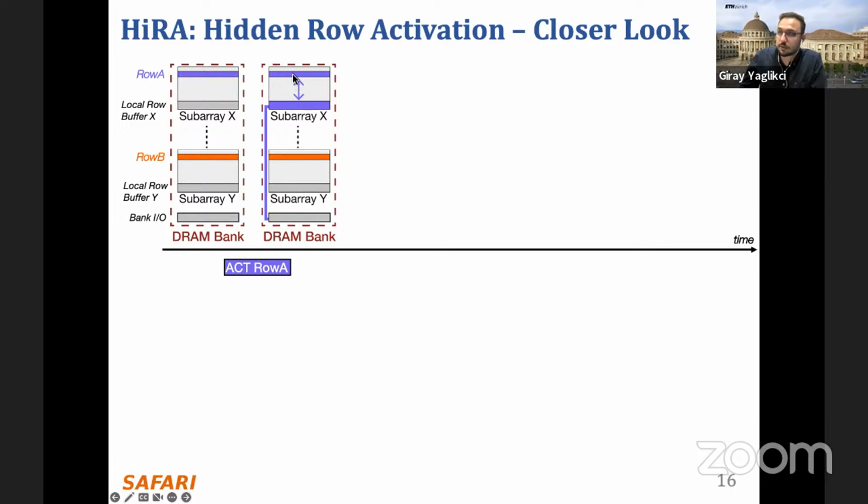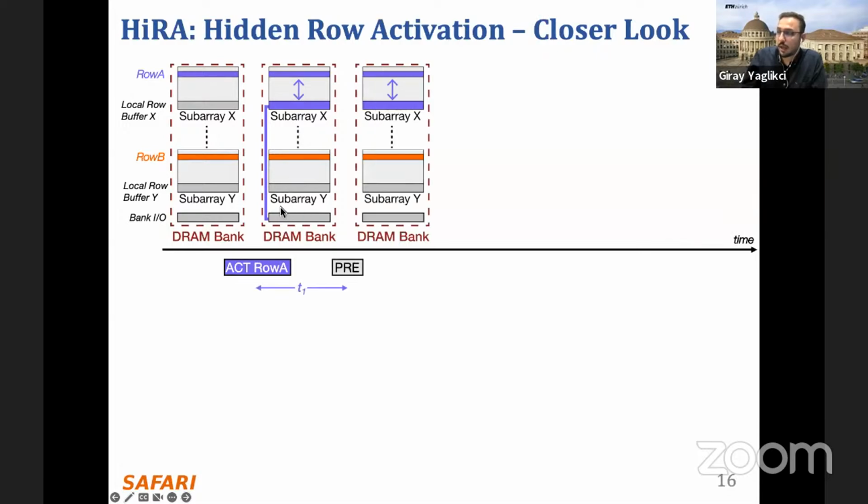So it basically connects row A to the local row buffer in subarray X, and it starts connecting this local row buffer to the bank's I/O. What we do, by issuing these commands in quick succession, is interrupt this operation before this local row buffer X is connected to the bank I/O.